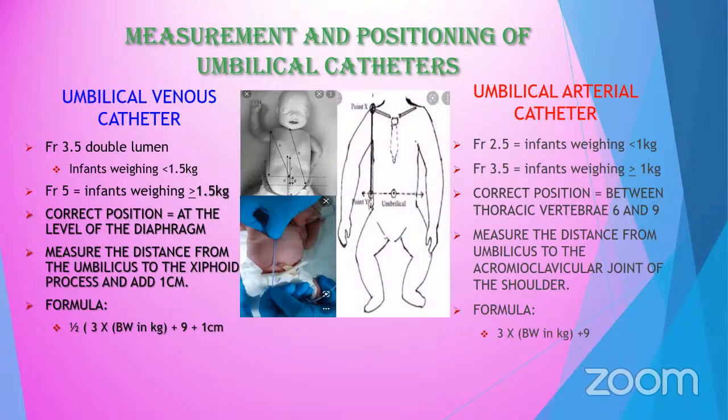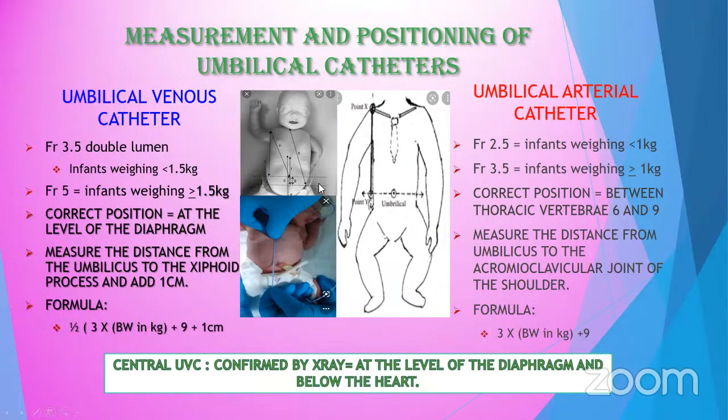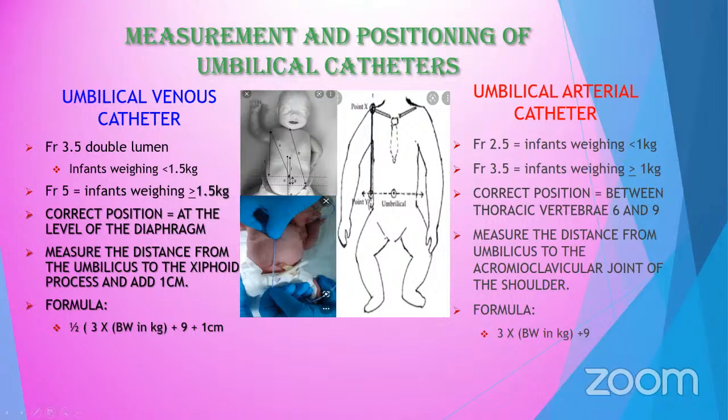While for the UAC, we are using French 2.5 if the infant is less than 1 kilogram, and French 3.5 if the infant is weighing greater than or equal to 1 kilogram. As you can see, the French of the UVC is bigger than the UAC.